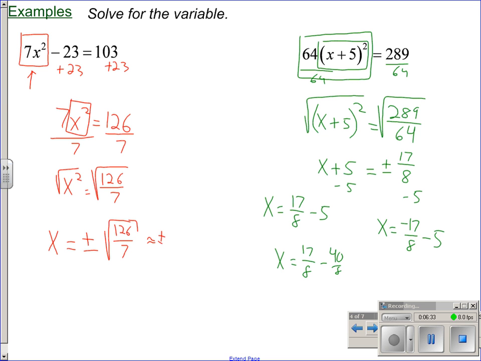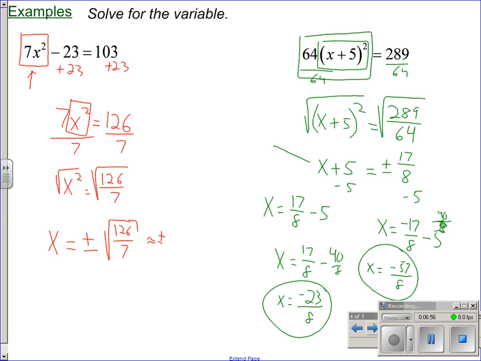Same thing on the other side. So negative 23/8 is one value of x. Here, this is going to be 48 over 8, and we're subtracting that, so negative 57 over 8 is the other value of x. There are our two answers for x. It's really all the same work, but there is that extra step in here.